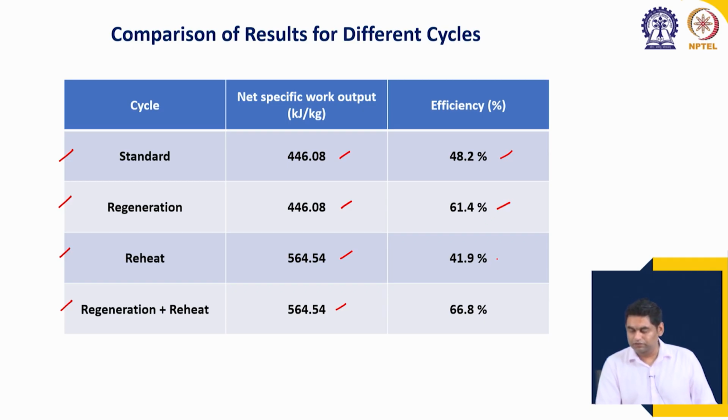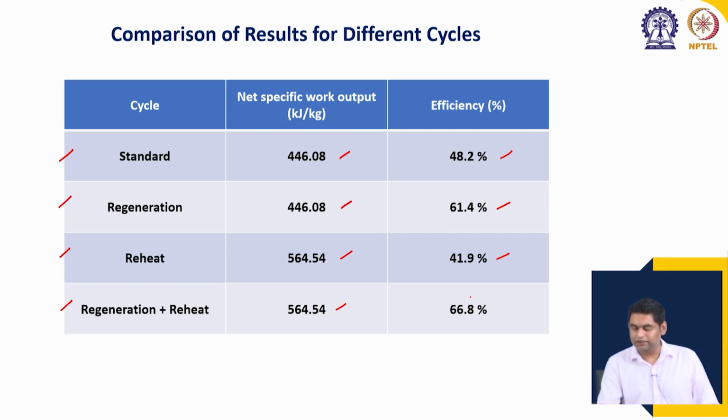However, adding reheat to the standard cycle decreases the efficiency quite considerably and we go to a relatively lower efficiency of 41.9%. But adding reheat to regeneration behaves in an opposite manner.